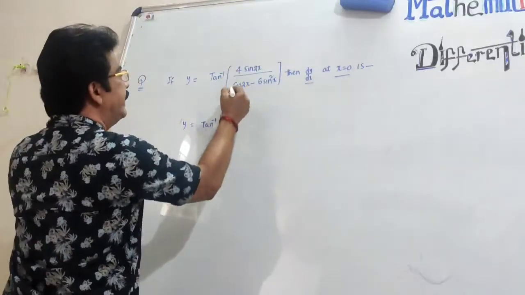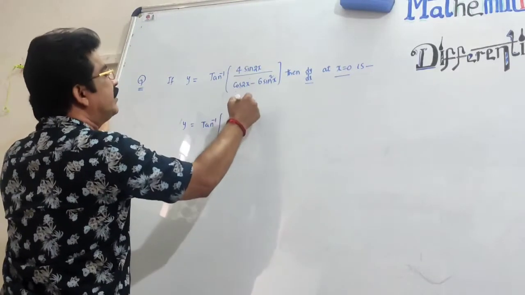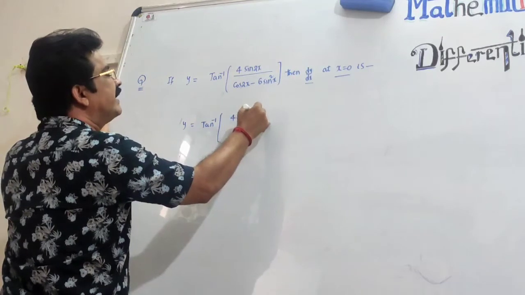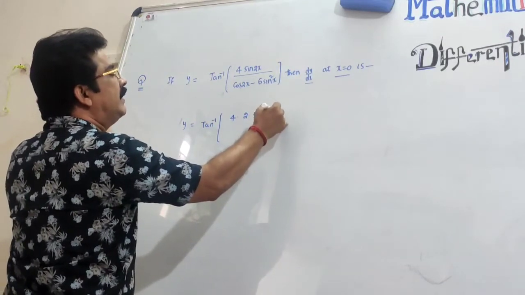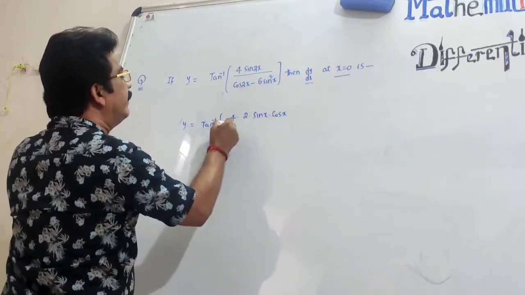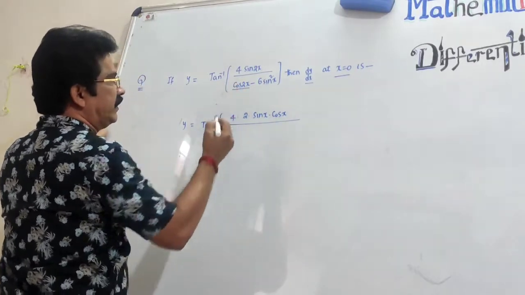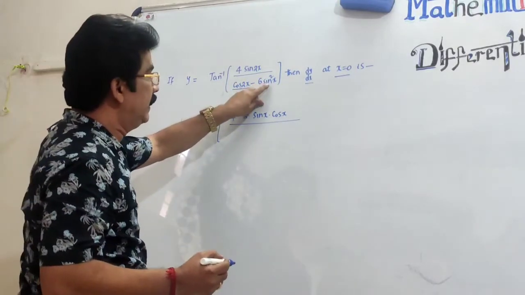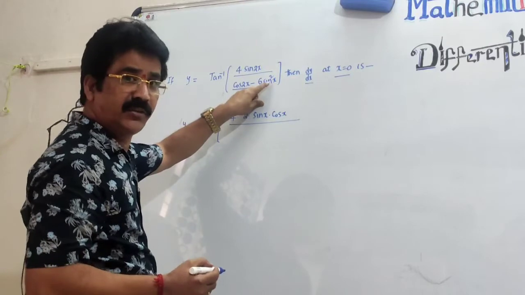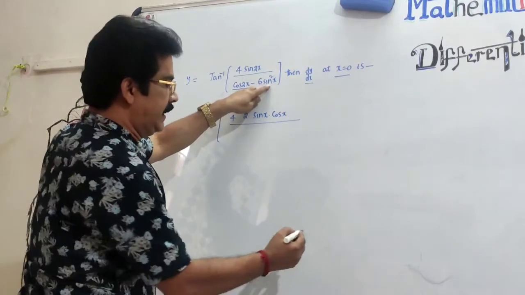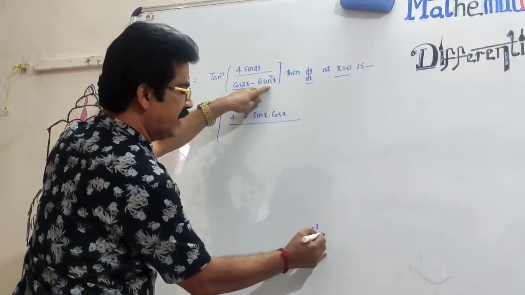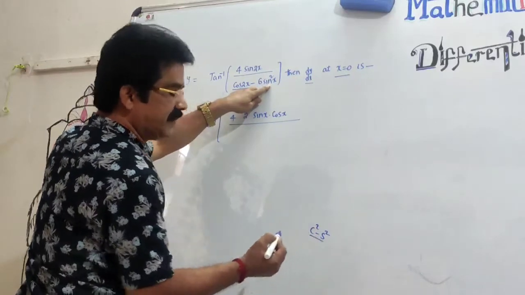How? 4 into sin 2x means it is 2 sin x cos x, divided by cos 2x. Actually, in the adjacent term, sin square is there. That's why we are using the cos square minus sin square formula.